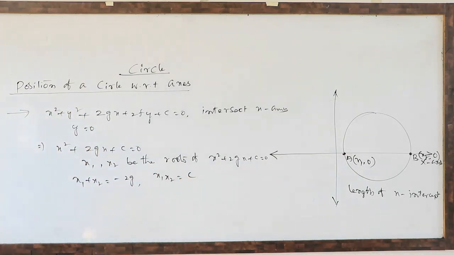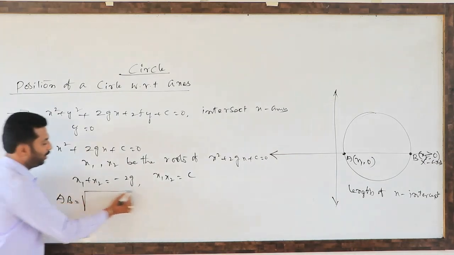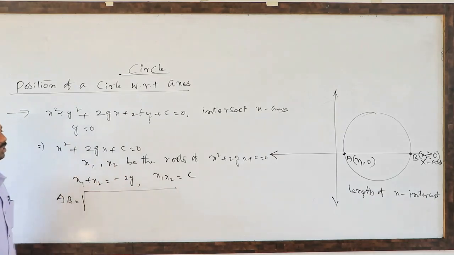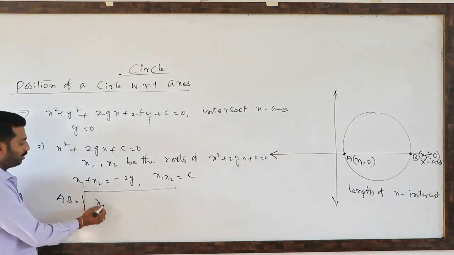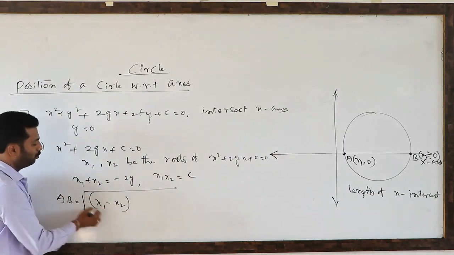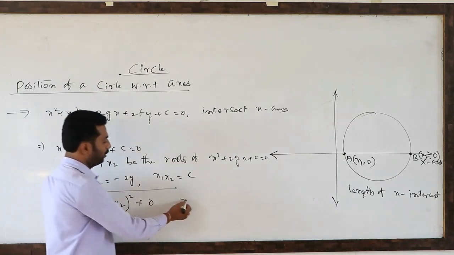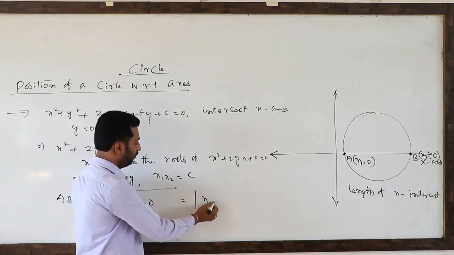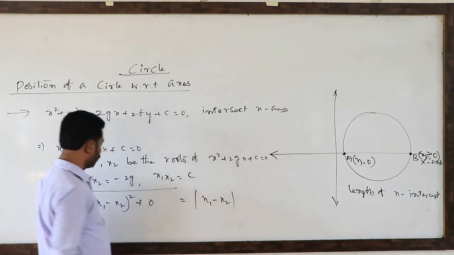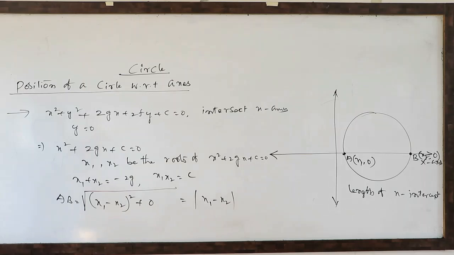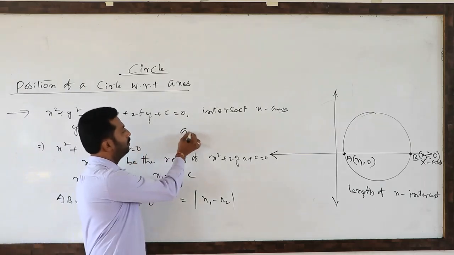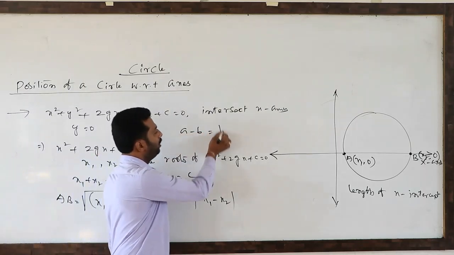Now we have to calculate the length of AB. So the length of AB is the square root of (x1 minus x2) whole square plus (y1 minus y2) whole square, which is nothing but the modulus of x1 minus x2.